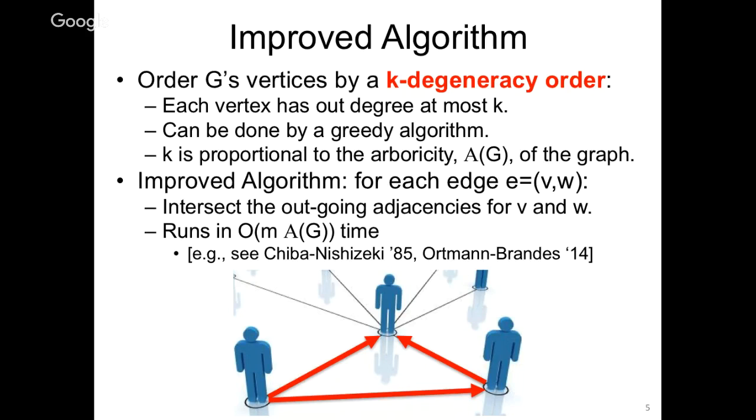And the improved algorithm is very simple and now runs in this running time where you now just for every edge only intersect the outgoing adjacency lists. Every triangle now will just be listed once because you've sort of uniquely oriented how every triangle will be listed. And you automatically get that the running time is m times the arboricity because the size of each of those outgoing adjacency lists is bounded by the arboricity.